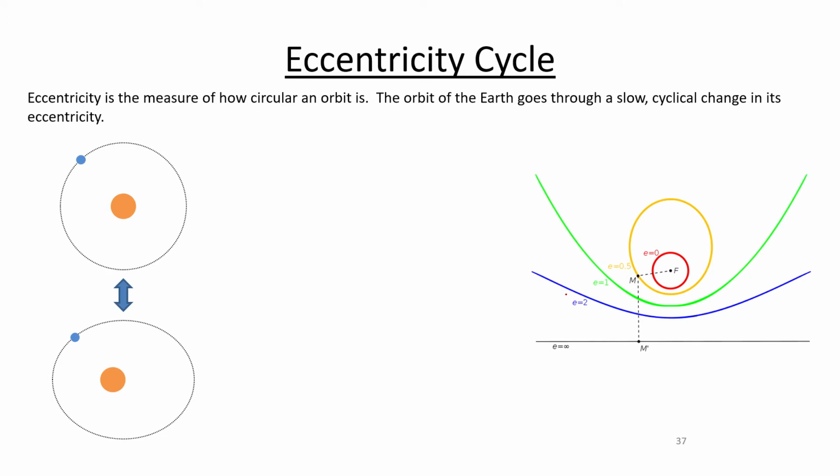So first, the eccentricity cycle. Eccentricity is the measure of how circular an orbit is. An eccentricity of 0, if we're looking over here, is perfectly circular. So there's E equals, or eccentricity equals, 0, perfectly circular.